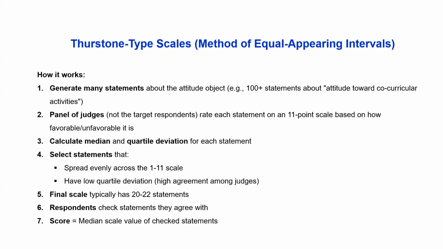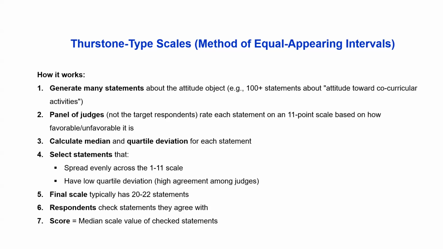Then next, we have a panel of judges. They are not the targeted respondents. We are going to give this scale to our students. This panel of judges is not included there. They are separate ones.